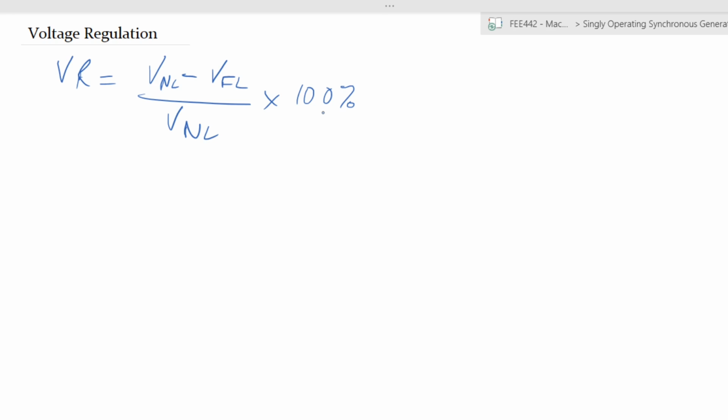Generally, if you've ever stood next to a standby generator, for example, which has just been started up, it will have a certain tone, or the engine will have a certain sound when it is on no load before it has been connected. And once you connect loads to it, you hear a change in the sound itself as the generator adjusts itself to the type of load that is applied.